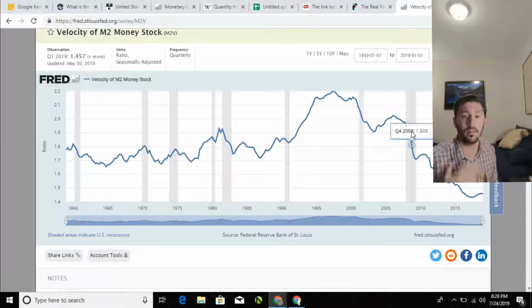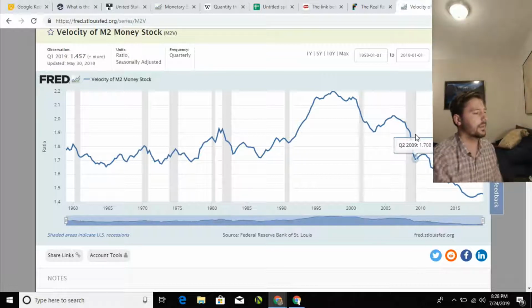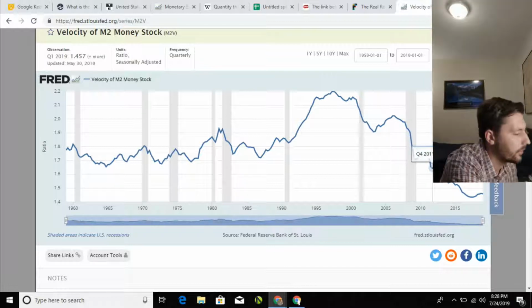With Dodd-Frank forcing those commercial banks to hold more of their money and have a higher reserve ratio, they're no longer able to leverage as much. So this is why you see your velocity coming down to a tremendous level.